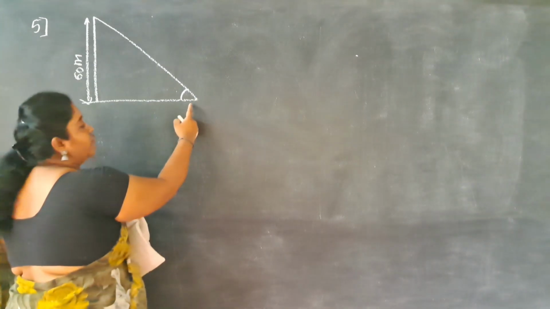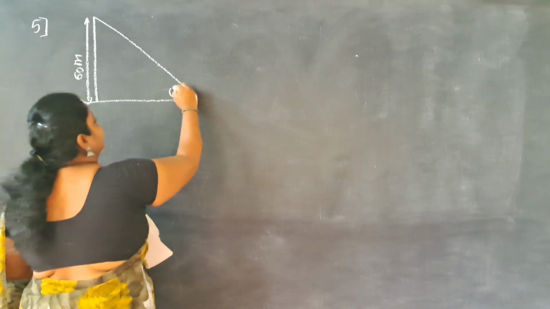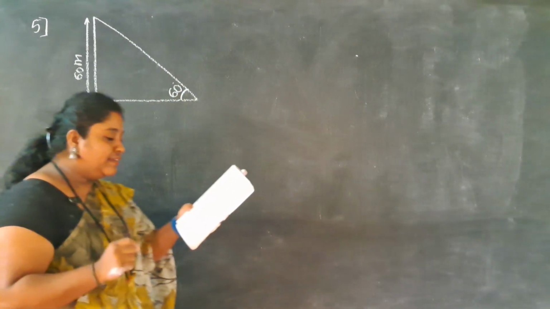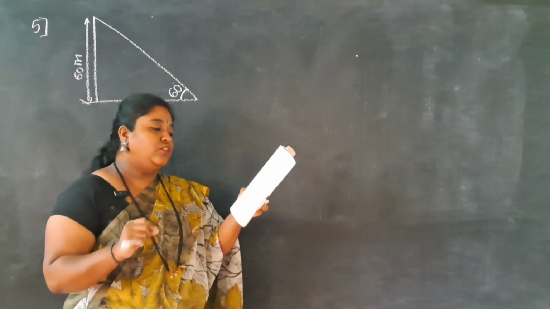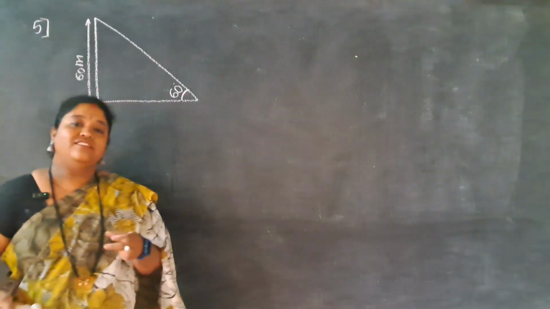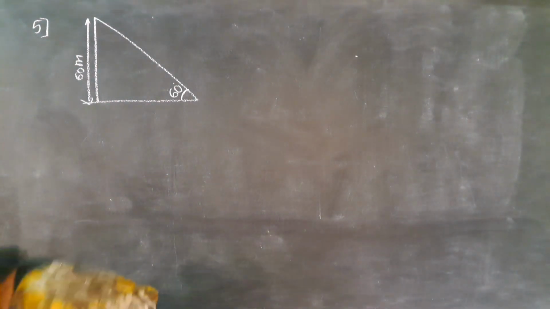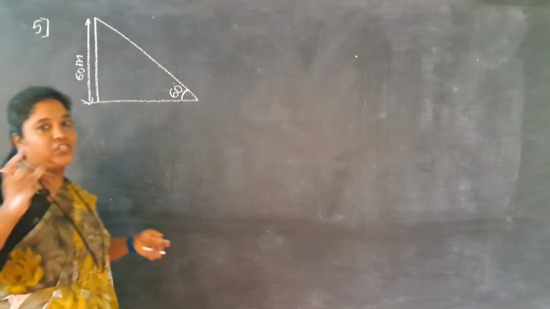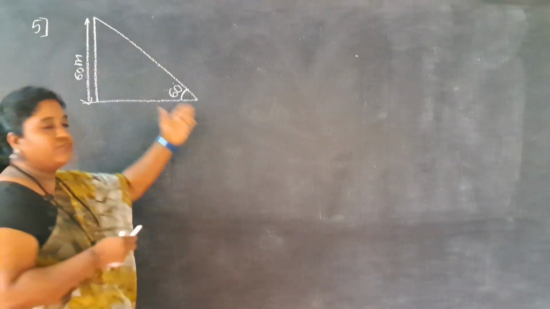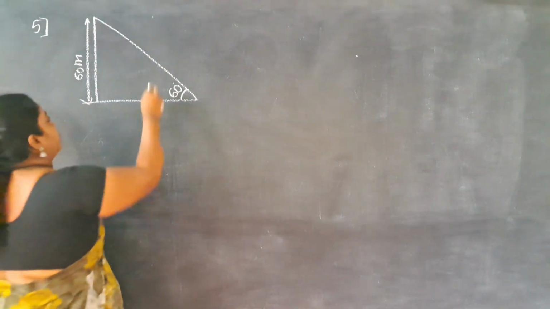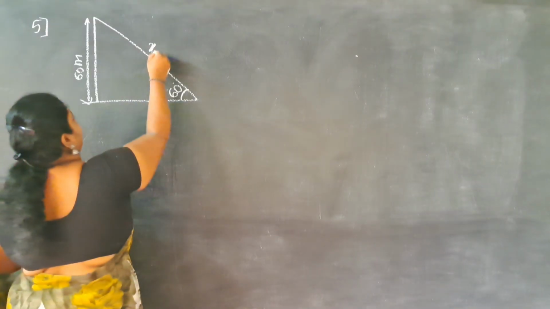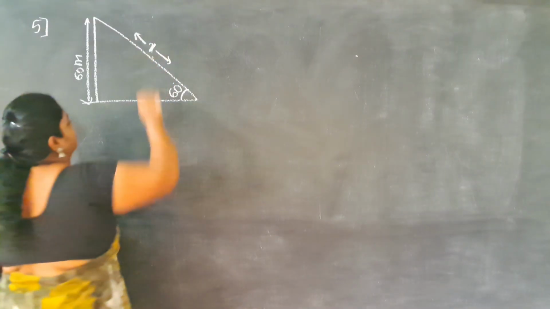The inclination angle of the string with respect to the ground is how much? 60 degree. And you need to find the length of the string, assuming that there is no slack. No slack intends to say what, dear? No curvature in the string. The string is very straight. Now you need to find the length of the string.